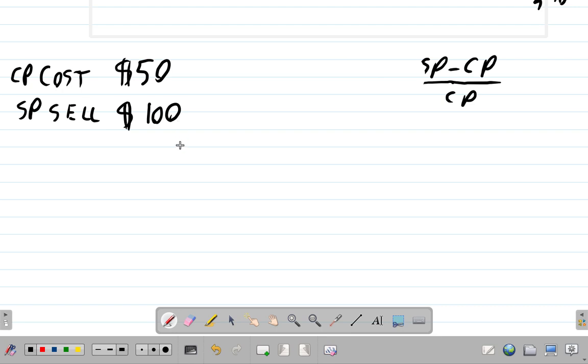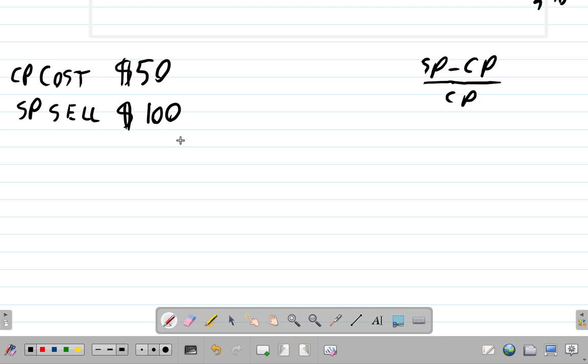You would make the money that you spent plus that same money again. So you sell it back for the 50, you would break even, you wouldn't lose anything, you wouldn't make any money either. But then you put another 50 on top of that to sell it for $100. So you would make 100% profit.